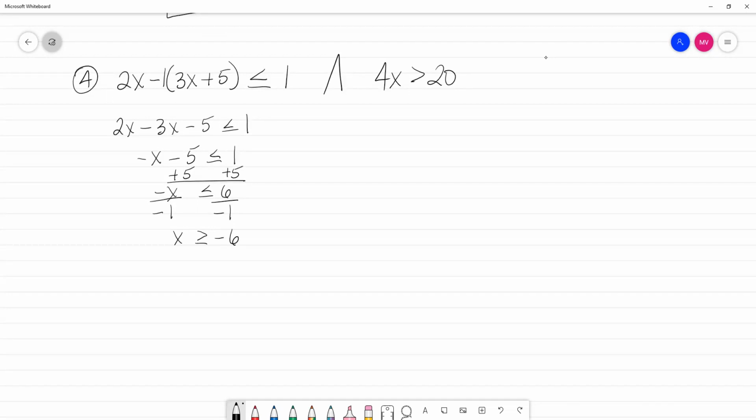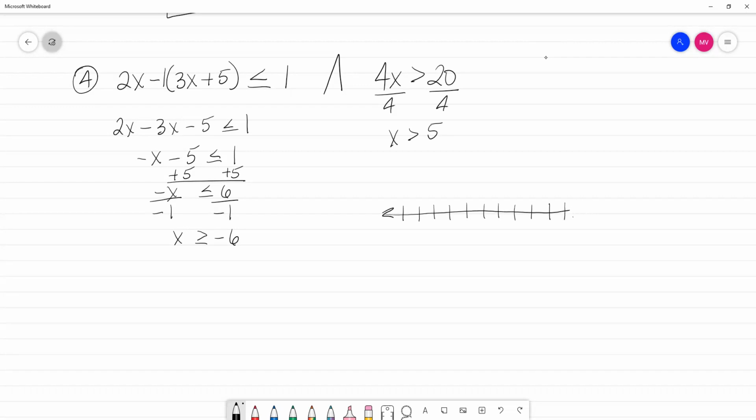And then this 4x is greater than 20. What do we need to do to get the x by itself? Yeah, so divide by 4, and we get x is greater than 5. Okay, so now we have our definitions for x, so let's graph them. And we've got a negative. 1, 2, 3, 4, 5, 6, 7, 8, 9, 10, 11.